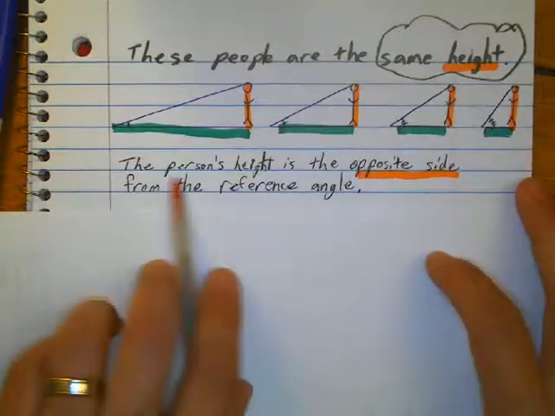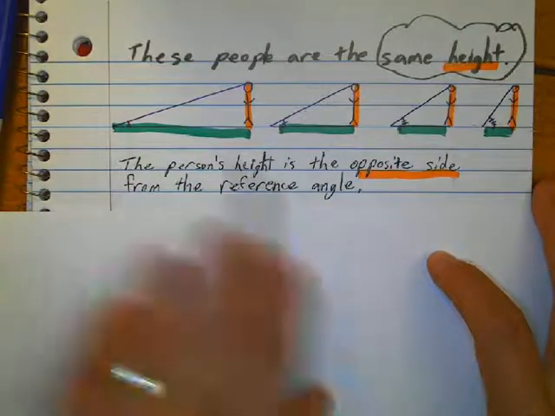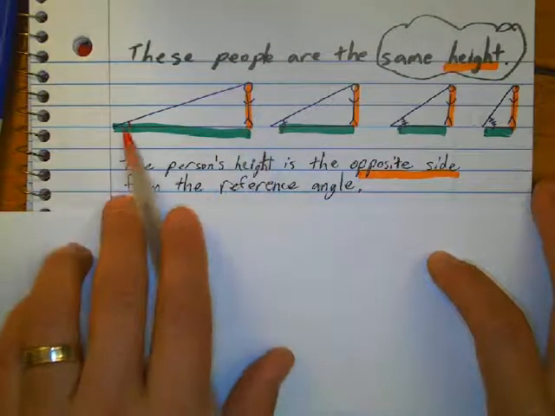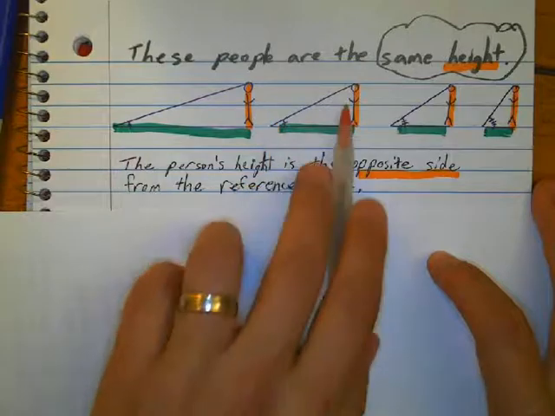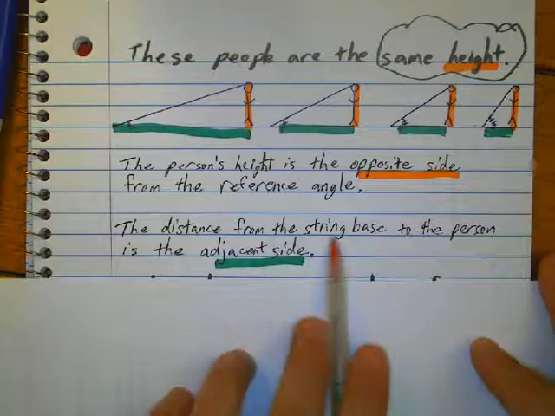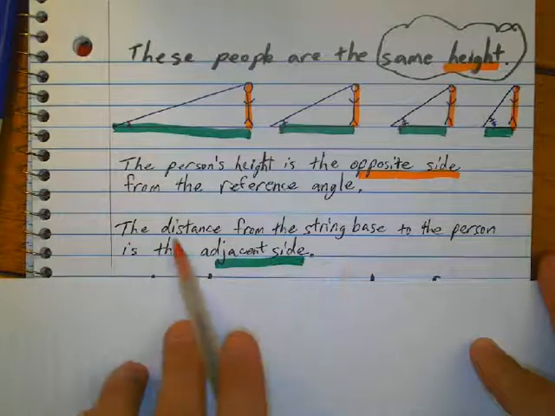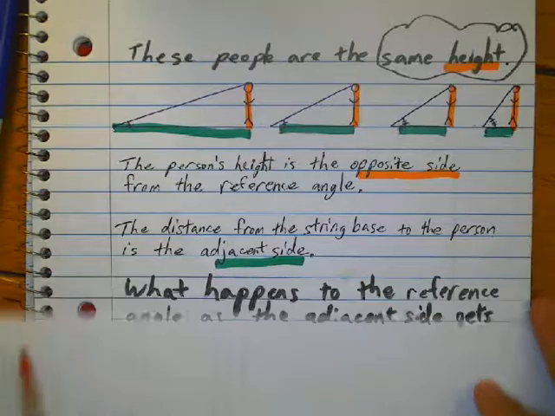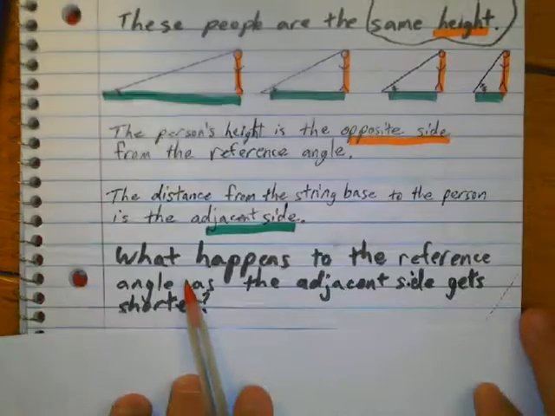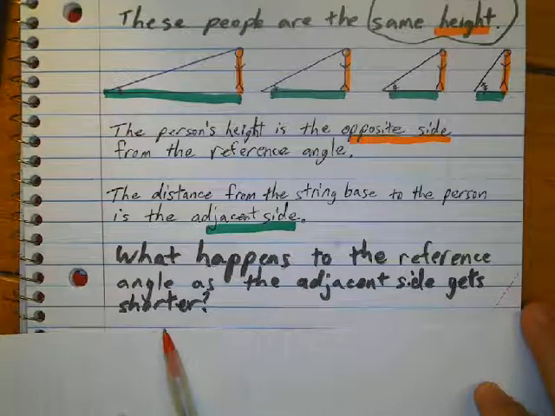So first of all, the person's height is opposite of the reference angle. Okay, the orange line is far away from our reference angle, right? And the distance between the string and the person, that's the green line here, is the adjacent side. Okay, so what we just said, what happens to the reference angle as the adjacent side gets shorter?